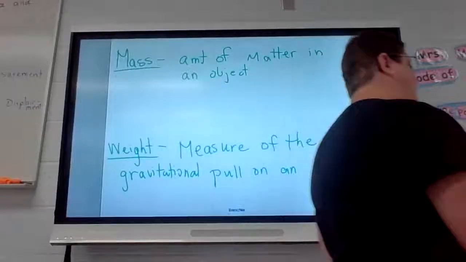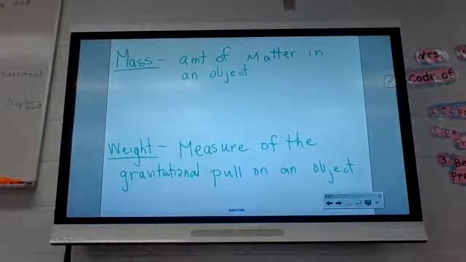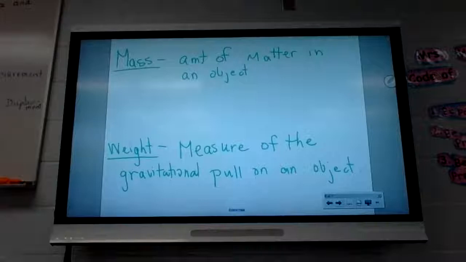Now, a lot of times we'll say a measure of the Earth's gravitational pull on an object, because typically we're talking about the Earth. However, do we always have to talk about the Earth? No. Okay? So, when we talk about mass and weight, what's the difference between the two?